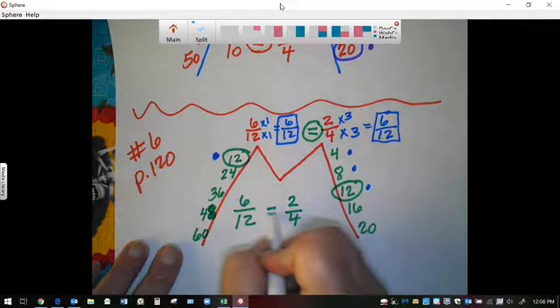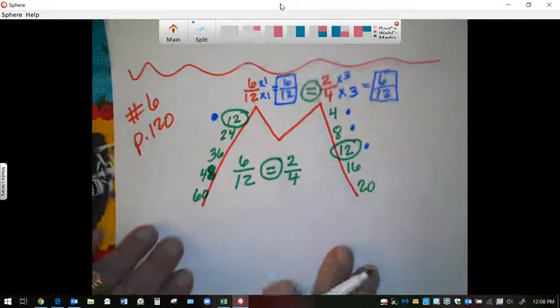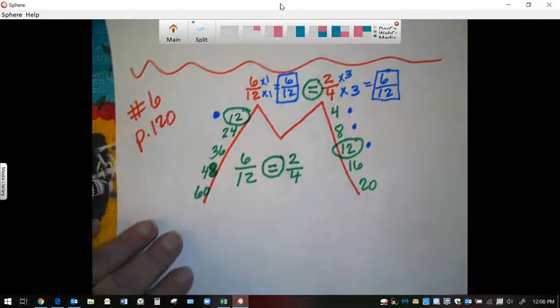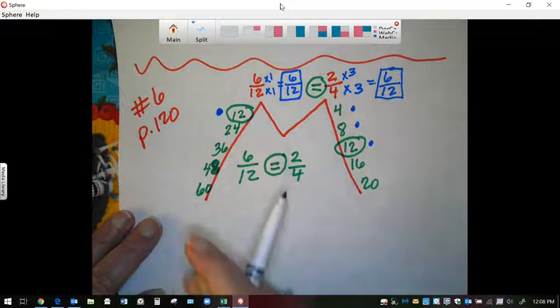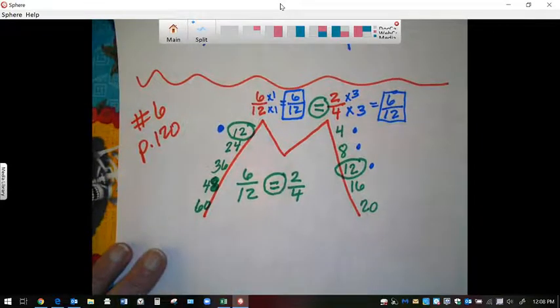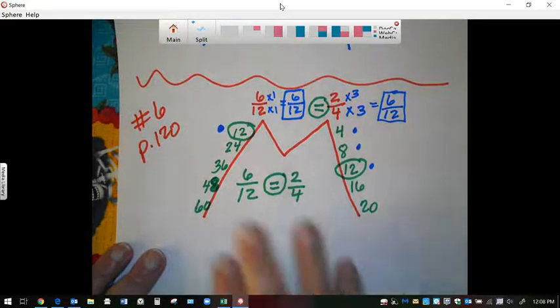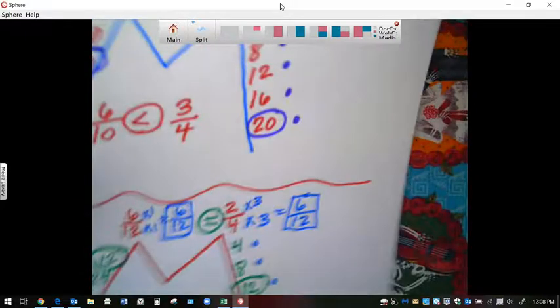And this one ended up being equal. If we do it on a number line, well, on this one I'm not going to do the number line because they're both 6/12.